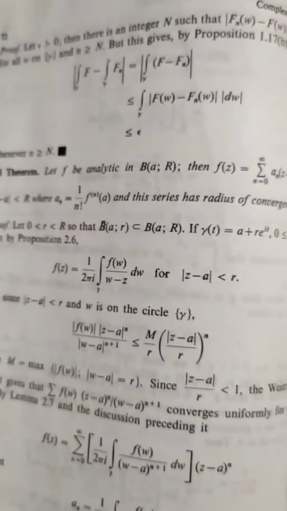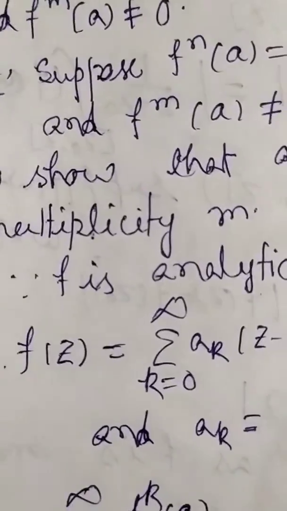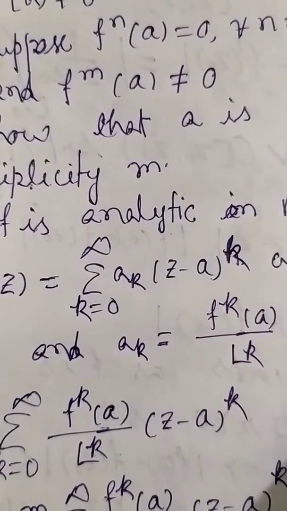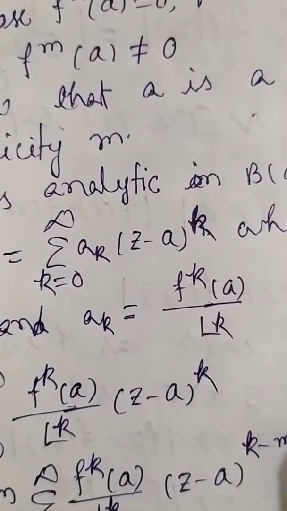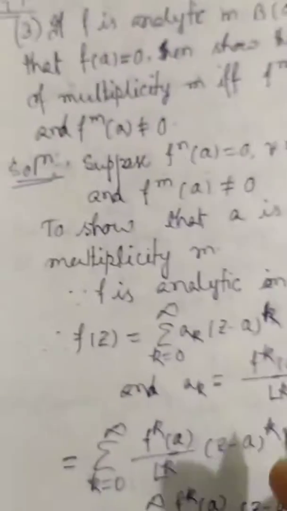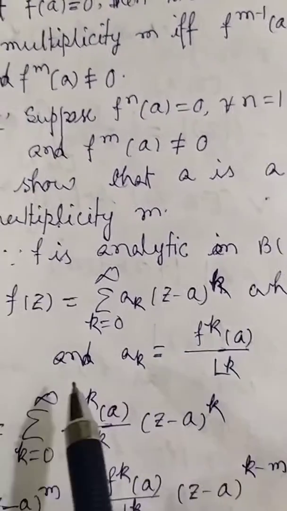So this is actually 2.8, from page number 73. So since f is analytic in the ball B(a, r), we have this power series representation of f.